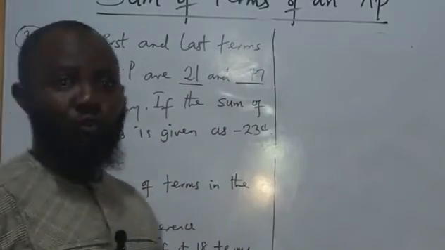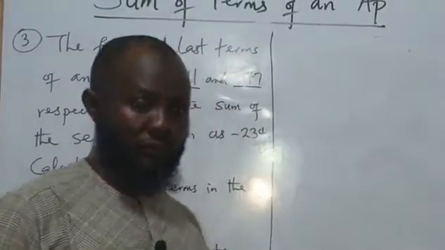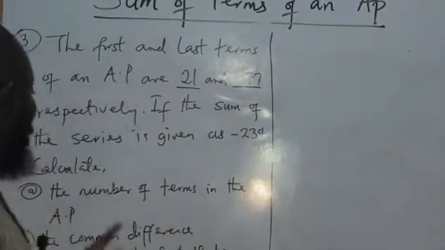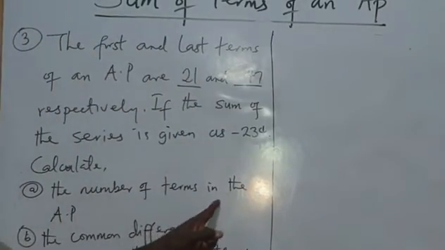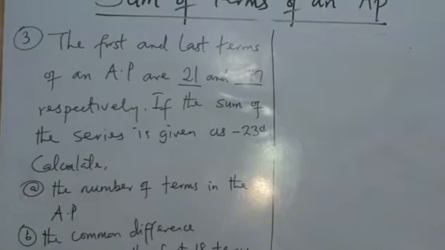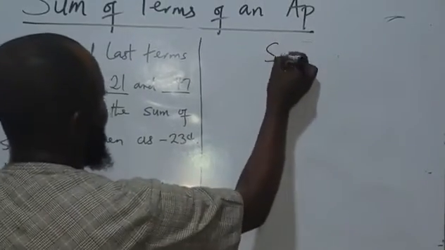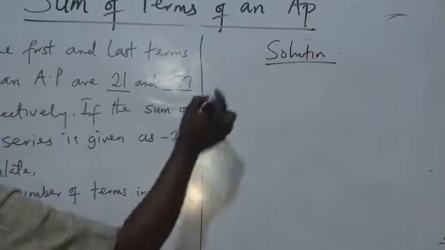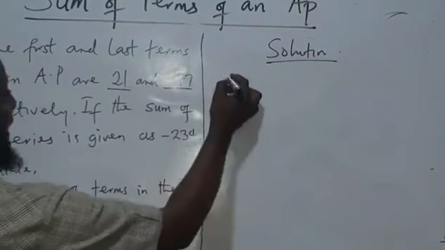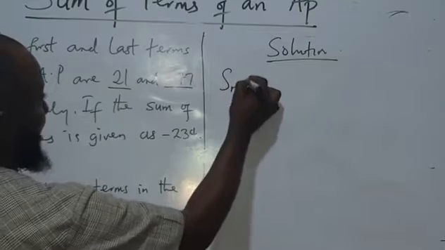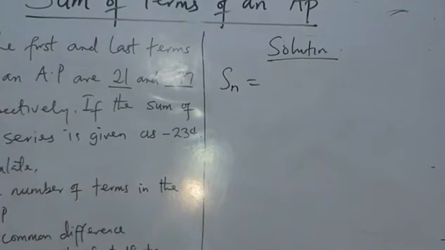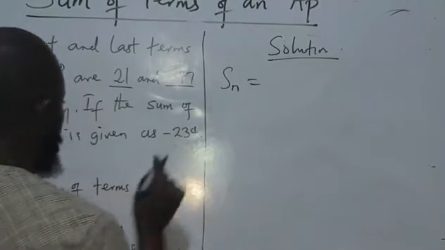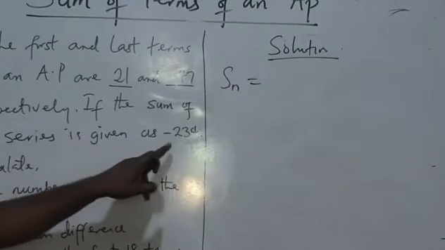So which of the two formulas are we going to make use of? We make use of the second one to find the number of terms in the AP. So in this case, we're going to have this solution. We don't know the number of terms n here, but we are given the sum of n to be what?